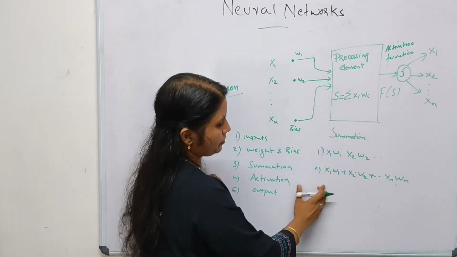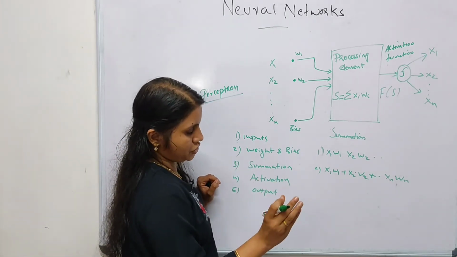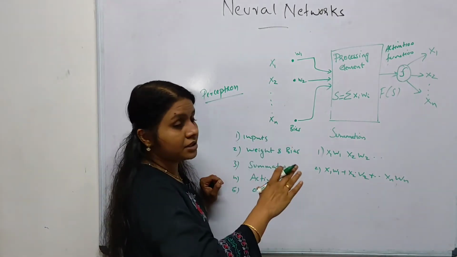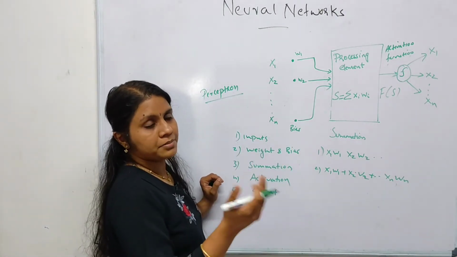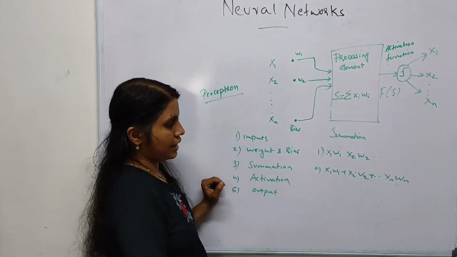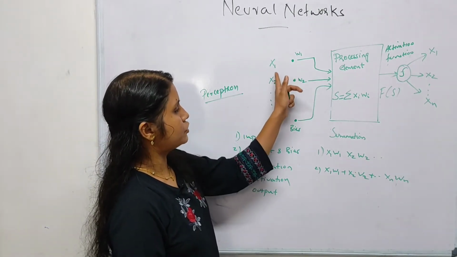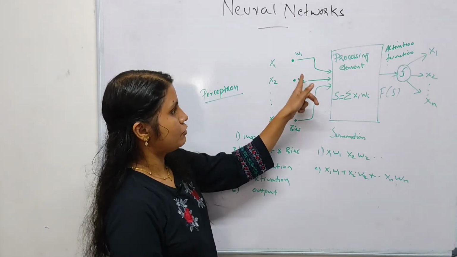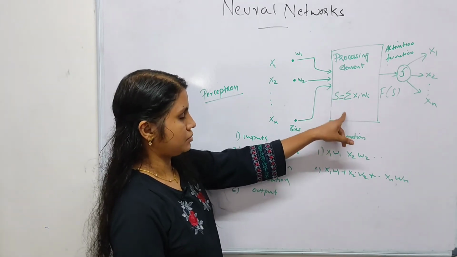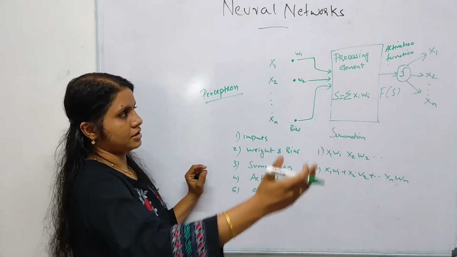After the summation, it is passed into the activation function. The activation function maps the input to the output, and finally we get the output. So the first step is that the input elements get multiplied with the weights, in the second step they are passed into the processing unit, that is summation, where they get added, and after that it is fed into the activation function.